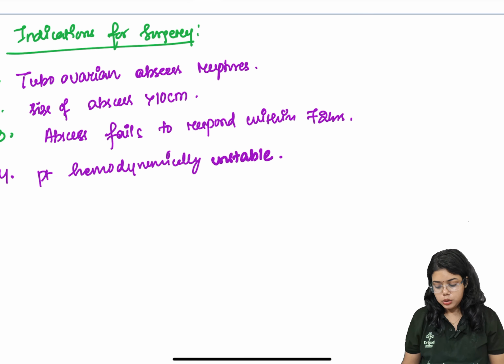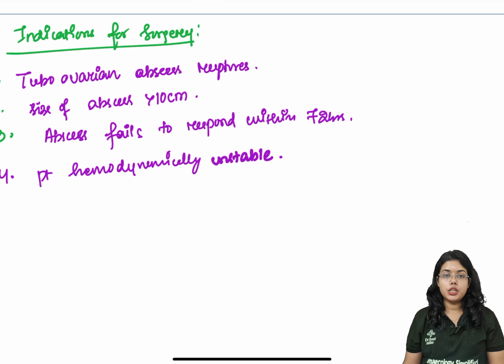Okay, so understood the indications for surgery? Tubo-ovarian abscess if it ruptures or if the size is more than 10 centimeter, or if the oral or inpatient antibiotic treatment fails, then we have to do surgery, and also if the patient is hemodynamically unstable. So keep learning. Thank you.